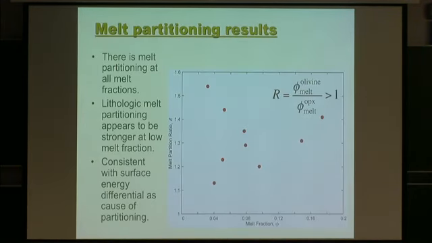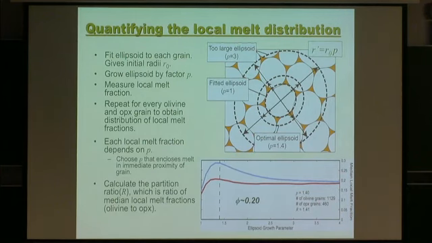So this is what we get. In this case, he did about 1,100 grains. What he plotted is the melt associated with the OPX and associated with olivine.